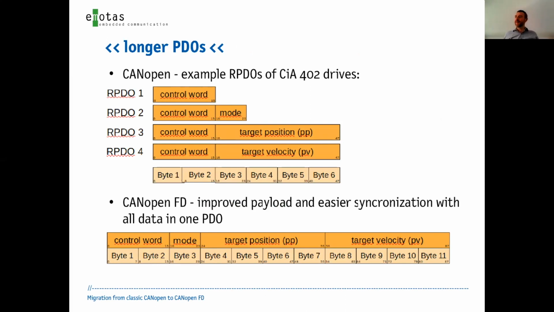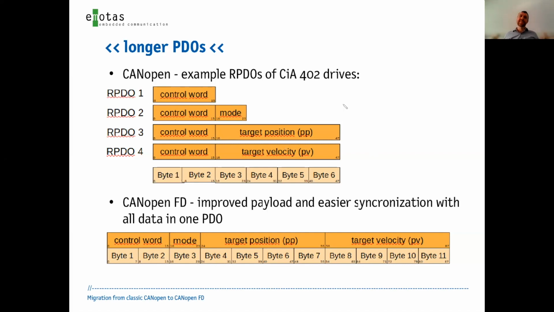For example, there is a CANopen device profile for drives, and this profile defines that the drive may have a control word, some mode information, a target position, and a target velocity, something like that.